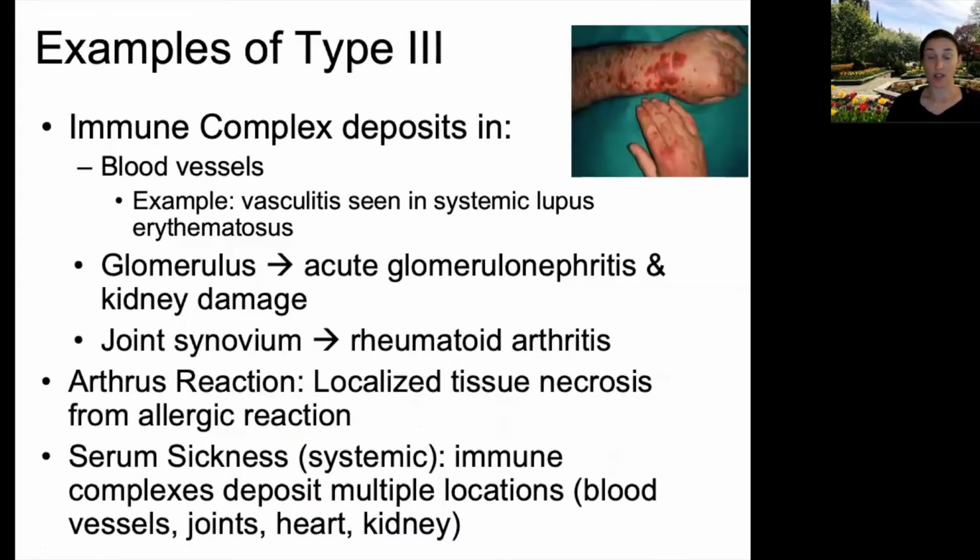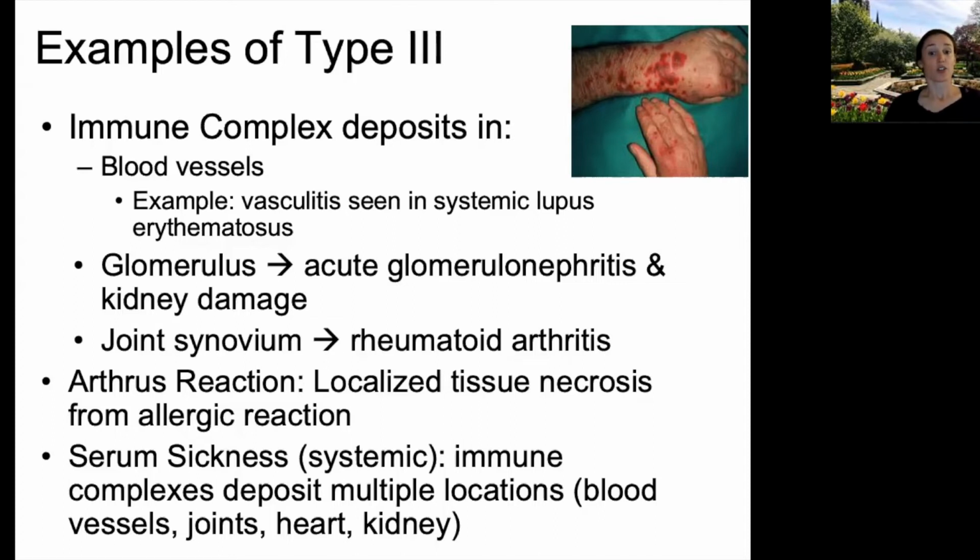Some examples of a type 3 reaction could be immune complex deposits in blood vessels causing vasculitis, which is seen in patients that have systemic lupus. You can also have deposits of antibody antigen complexes in the glomerulus of the kidney, leading to acute glomerular nephritis. So inflammation in the nephrons of the glomeruli of the kidney resulting in kidney damage.